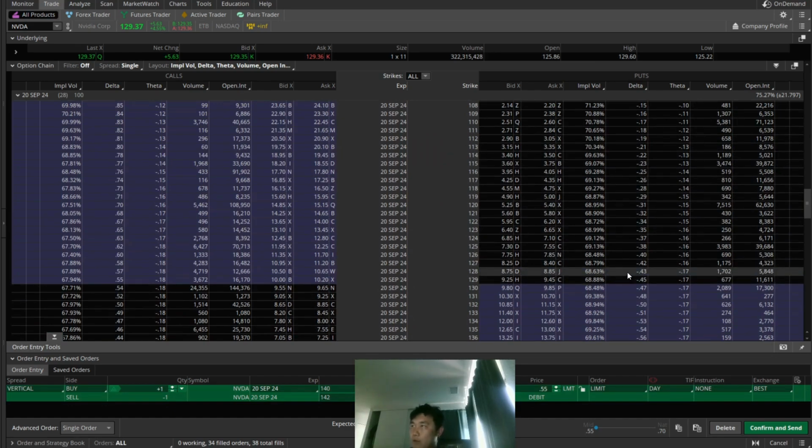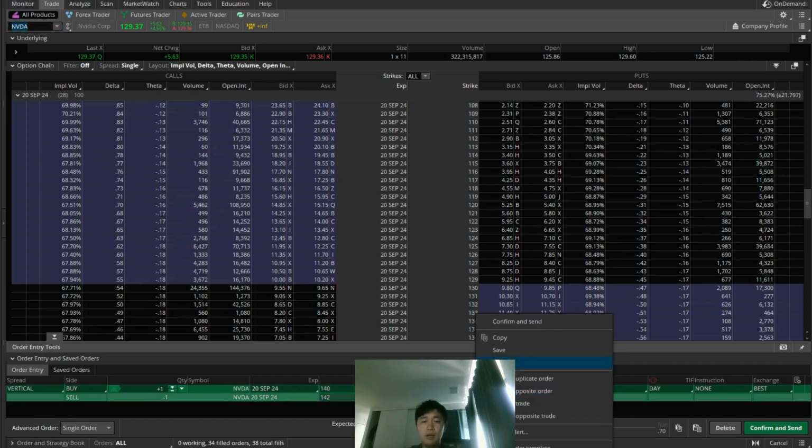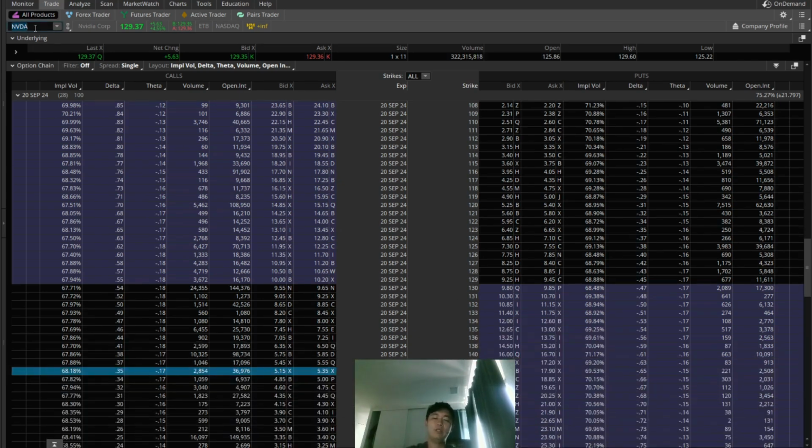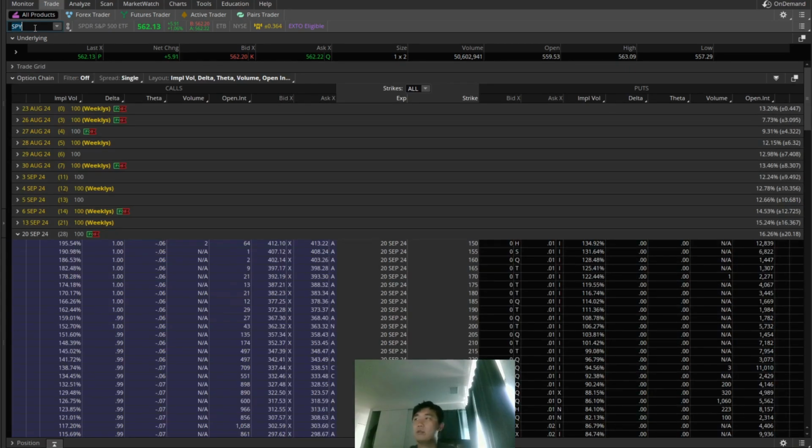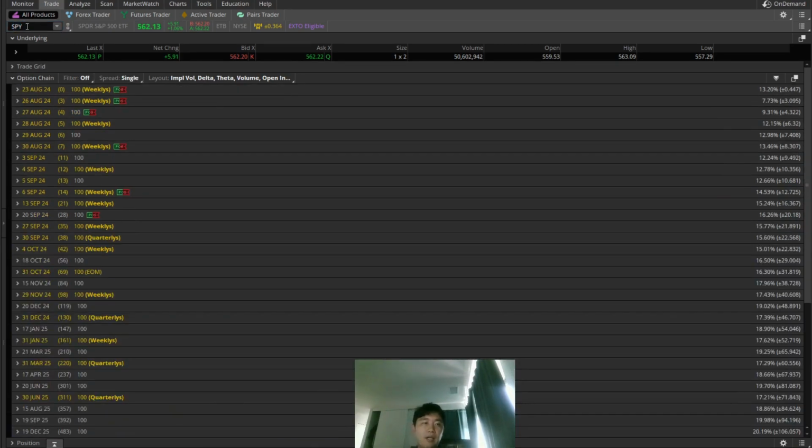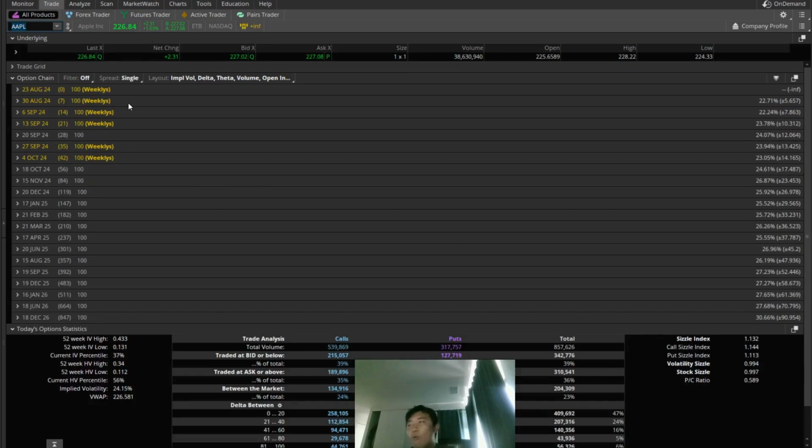So if I were to get bullish on Nvidia, I would be more likely to use call spreads. Whereas if I were to get bullish on something like SPX or something that has worse skew, I'd be more inclined to just buy single options or even buy the stock outright on margin.